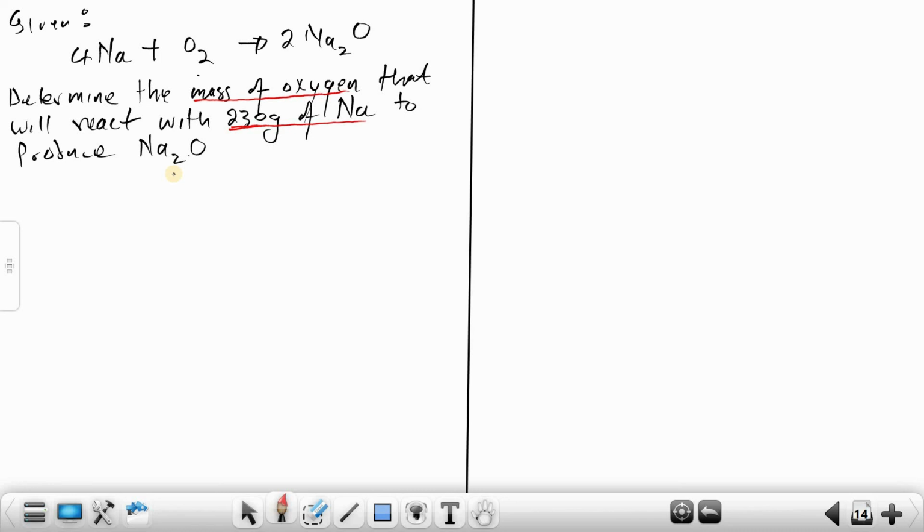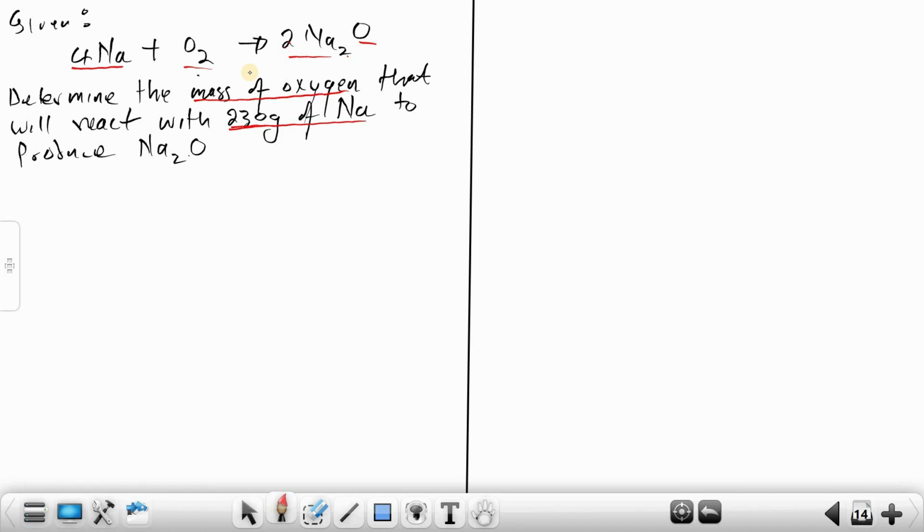First step, check if now the equation is balanced. So I have 4 of Na, 2 multiplied by 2 will be 4 of Na, 2 multiplied by oxygen is 1 or is 2, and then 2 oxygen. So I am happy, my equation is balanced.